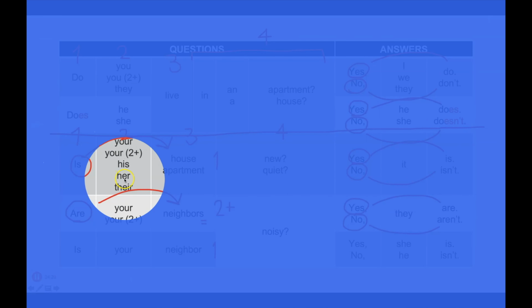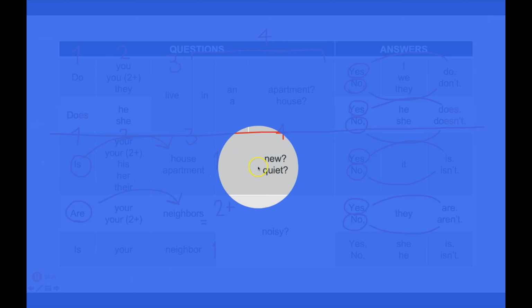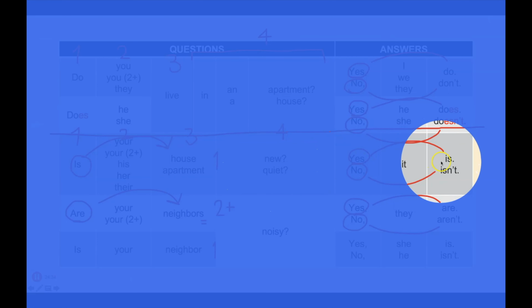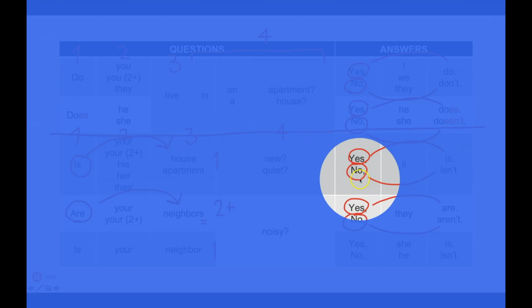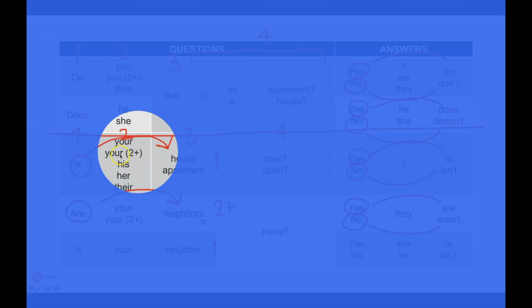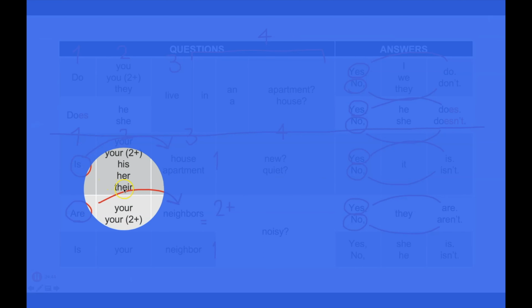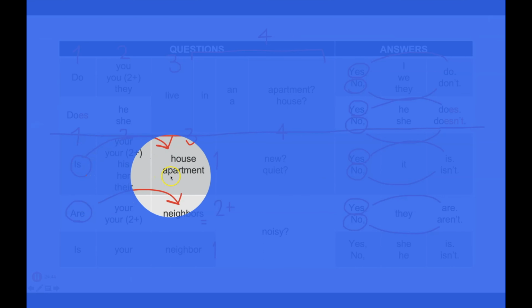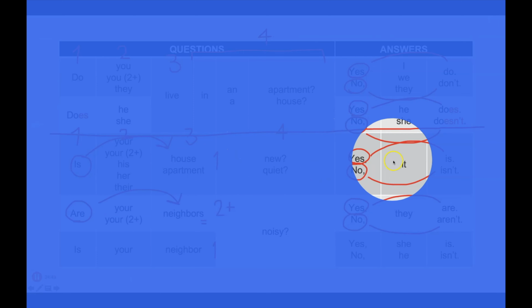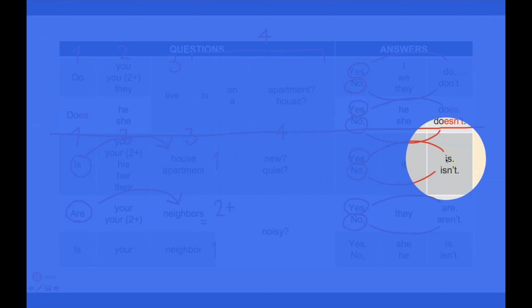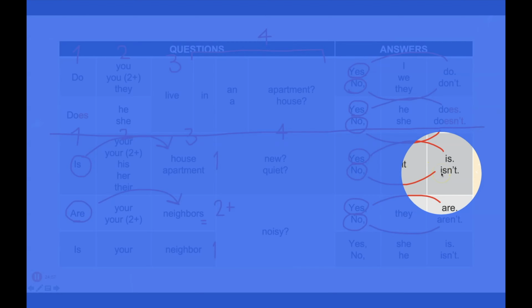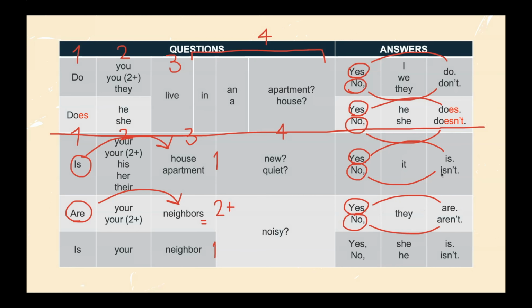Is her apartment quiet? Yes, it is. No, it isn't. Is their apartment new? Yes, it is. No, it isn't. Okay, so study this.